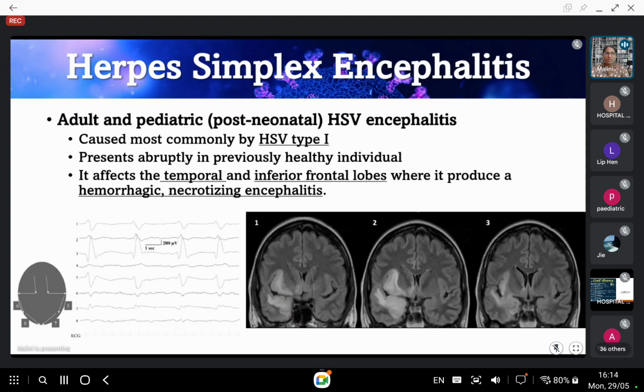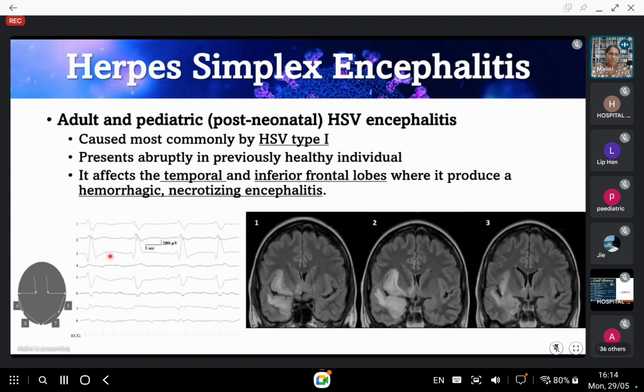Other things that would help us be sure would be the area of involvement, frequent clinical focal seizures, any focal neurological deficit, especially hemiparesis or hemiplegia, and an EEG finding called periodic lateralized epileptiform discharges.